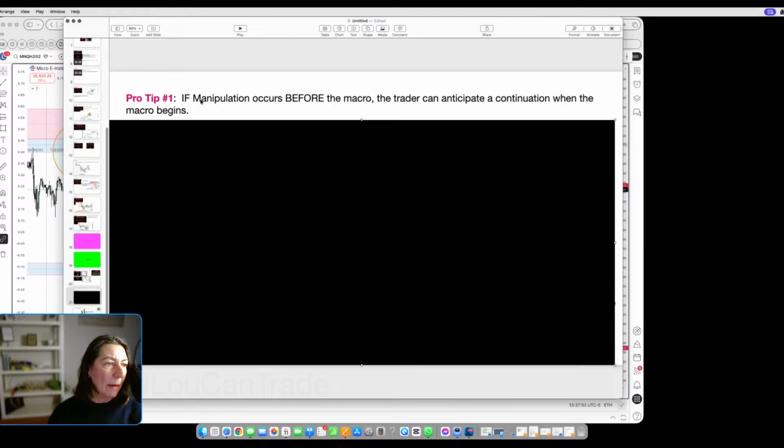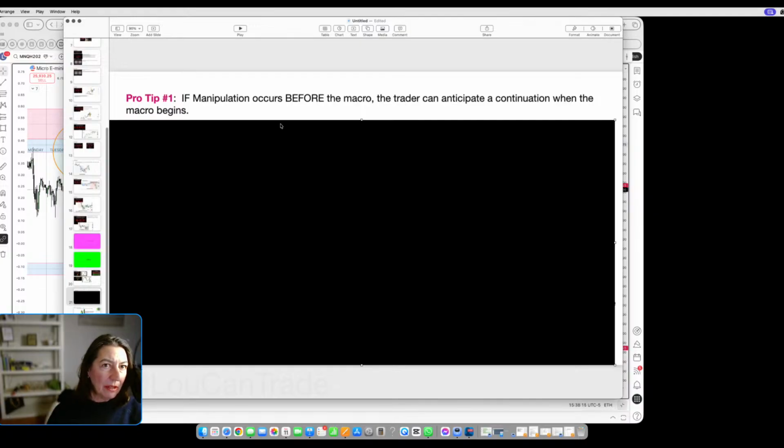So pro tip number 1, if manipulation occurs before the macro window, so the macro window is 00:45 to 00:15. Okay, so it's a quarter to the hour to a quarter past the hour. So if manipulation occurs before the macro, the trader can anticipate a continuation once the macro begins.